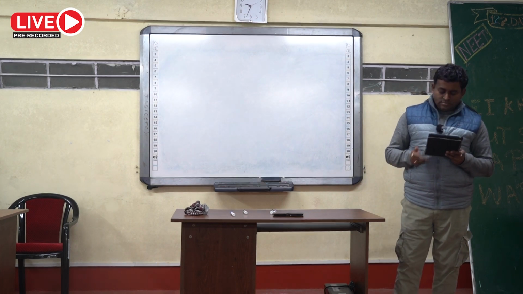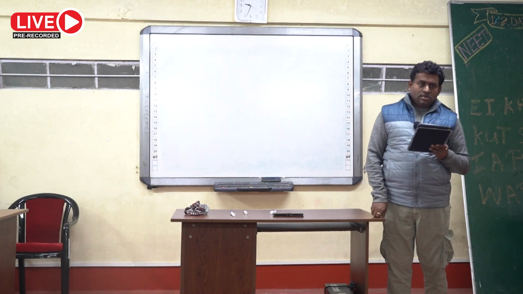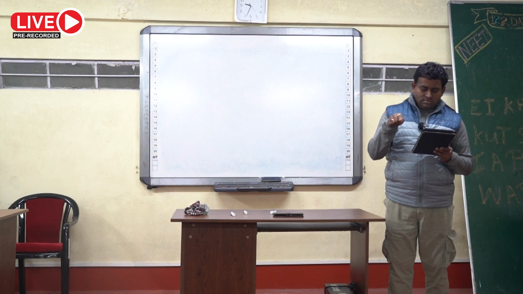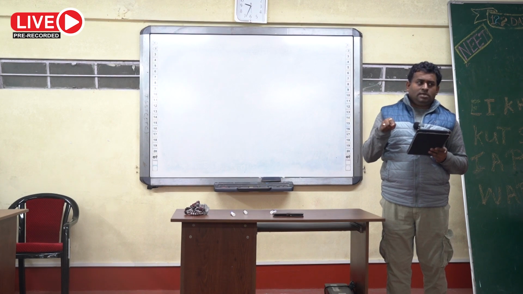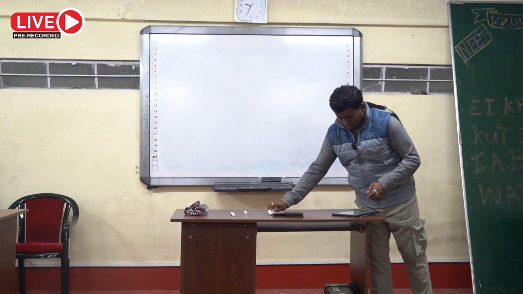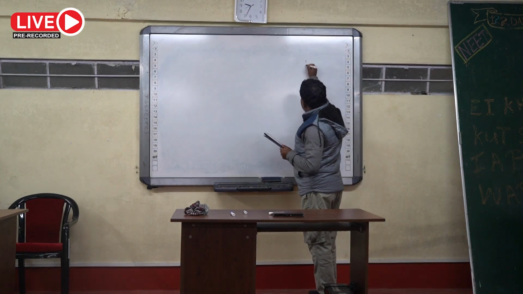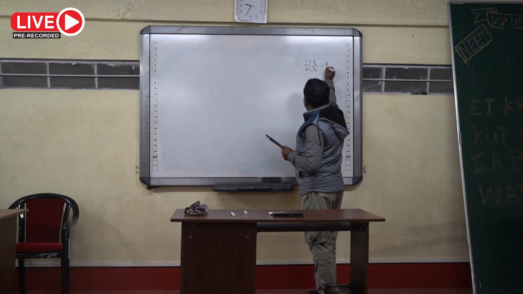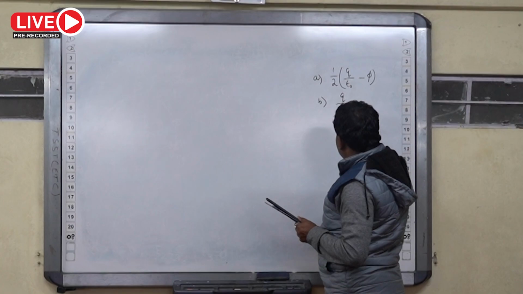Option A, 1/2 bracket q by epsilon naught minus phi bracket close. Option B, q by 2 epsilon naught.